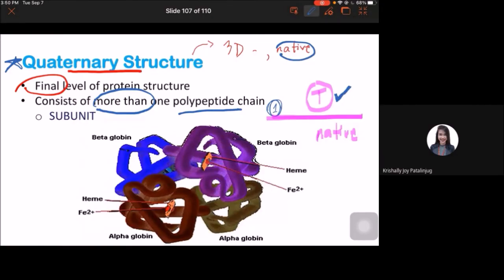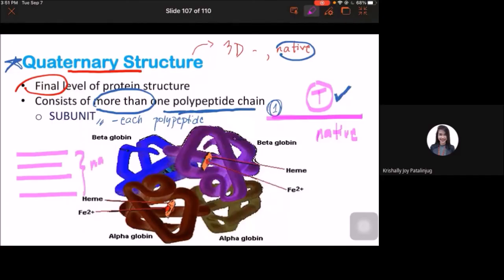And with regards to that sets of polypeptide chain in a quaternary structure, ang tawag po natin sa each polypeptide chain dyan is subunit. Halimbawa, di ba, meron kang isa, dalawa, tatlo, apat na polypeptide chain, okay?